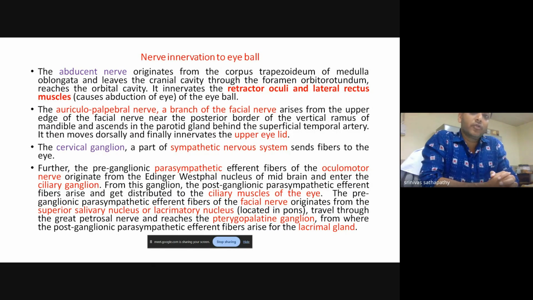How are they controlling the parasympathetic activity? The oculomotor nerve forms one ganglion known as the ciliary ganglion, whereas the facial nerve forms the lacrimatory ganglion and the pterygopalatine ganglion. Both of them are going towards the lacrimal gland.